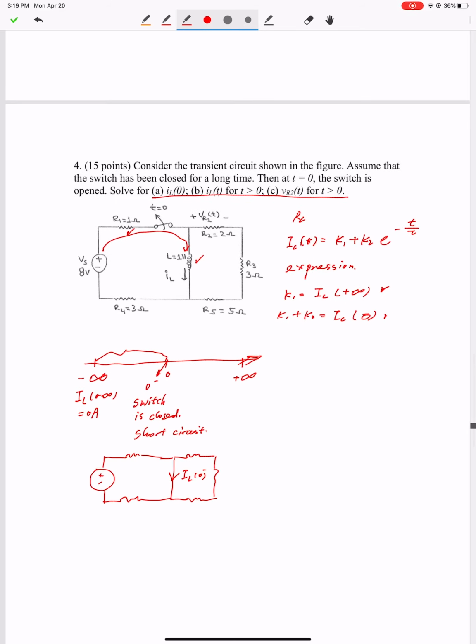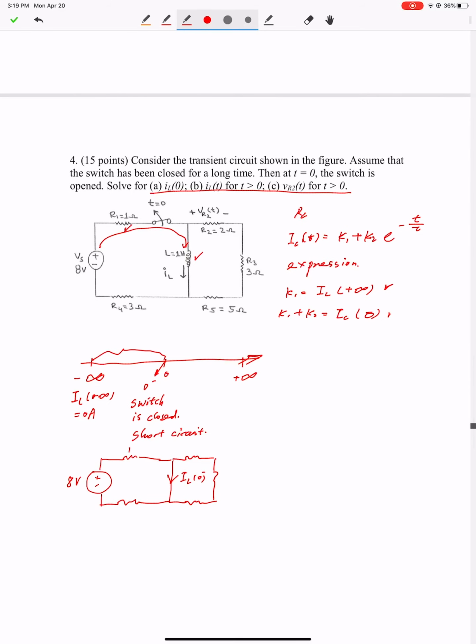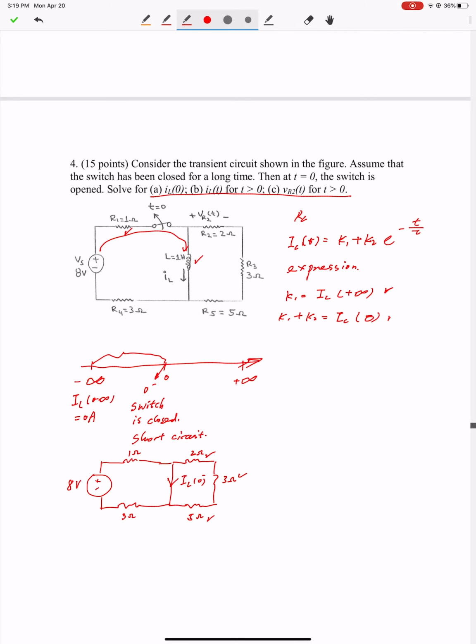So this is 8 volt, this is 1 ohm, this is 3 ohms, and this is 2 ohms, 3 ohms, and 5 ohms. As you can see in this circuit, with this short circuit, these 3 resistors are shorted out, because compared to this branch, there's 0 resistance on this branch, so the entire current is going to flow this way instead of going through the other 3 resistors.